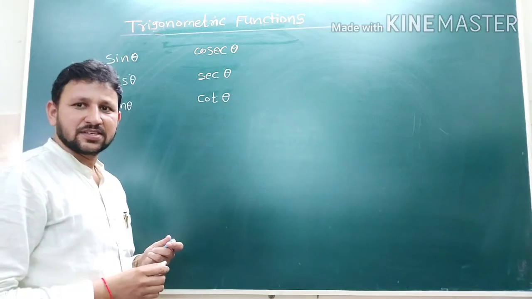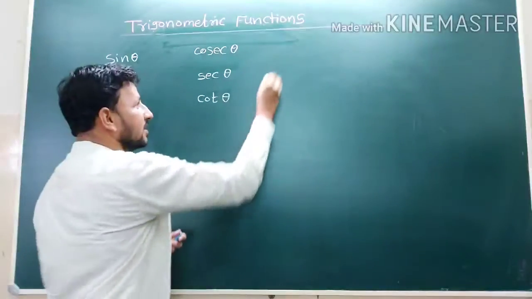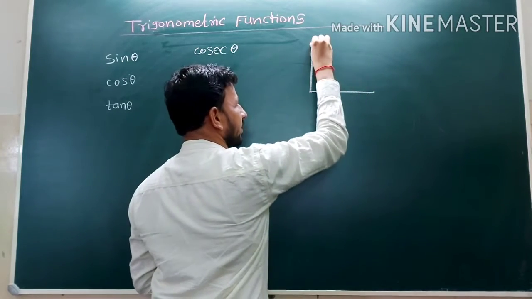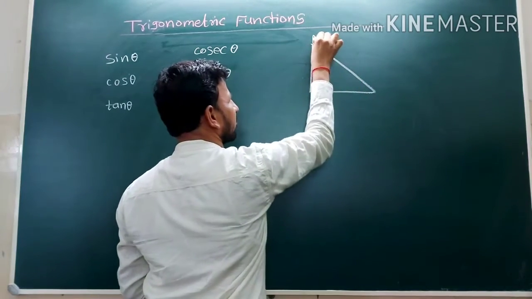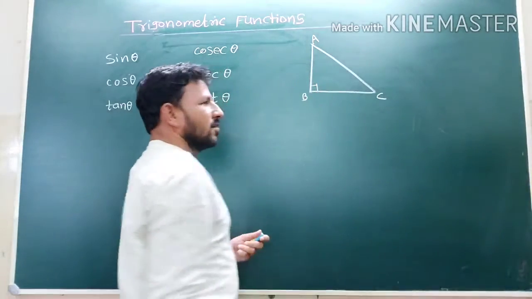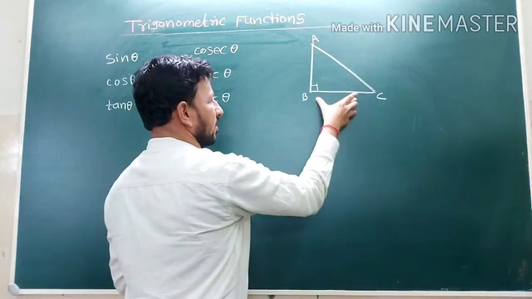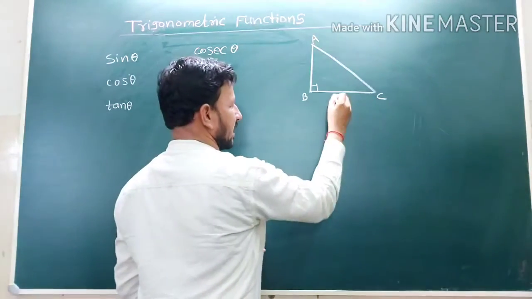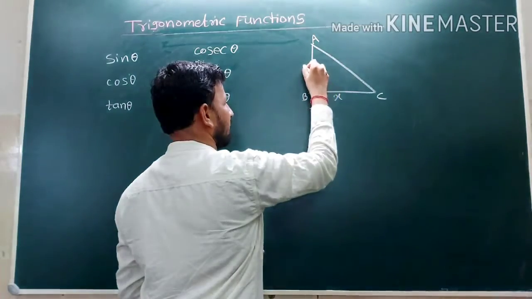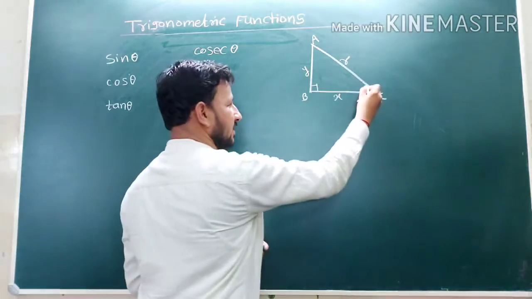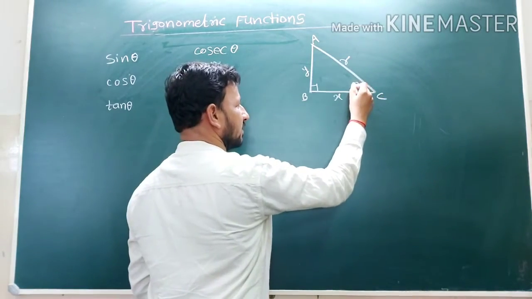Trigonometric functions with the right angle triangle: consider the triangle ABC along the coordinate system. If we consider length of BC as x, length of AB as y, and length of AC as r, angle C is taken as the angle theta.